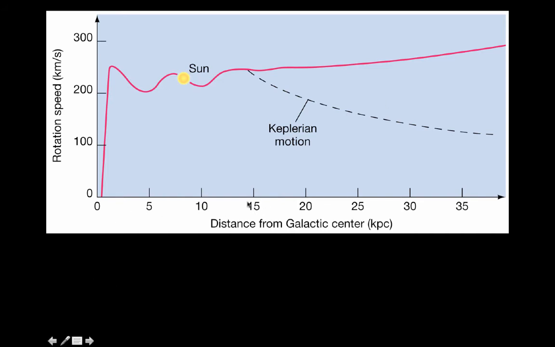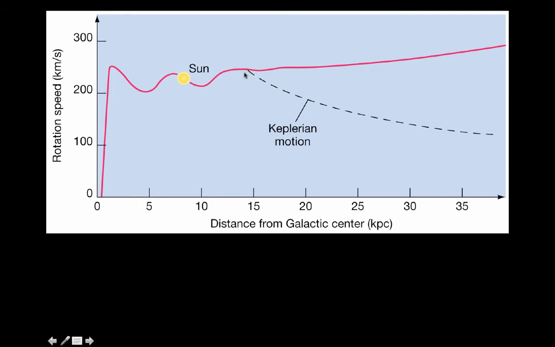Now, by the time you've got out to about 15 kiloparsecs, 99% of the material of the galaxy is inside of you, and you would expect this curve to begin to form Keplerian motion. But you do not see that. Now, I'll come back to that point in a minute.